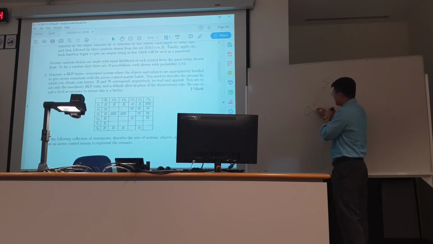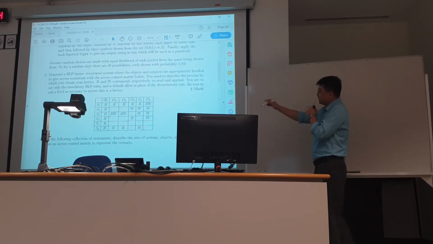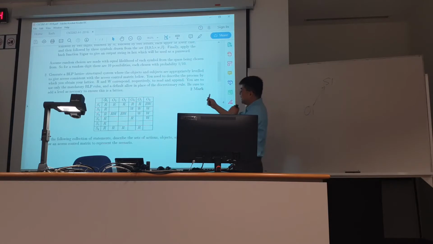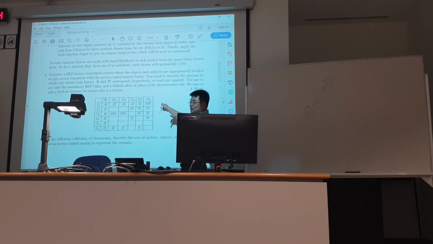S1 will be higher than O1, right? And then say S1 can read and write O6 according to the BLP rule. This means S1 and O6, which one is higher, which one is lower? Compare S1 with O6. Which one is higher?